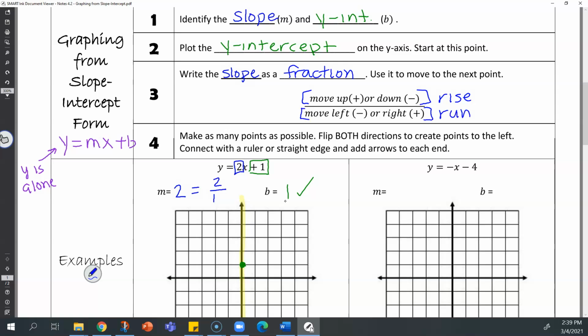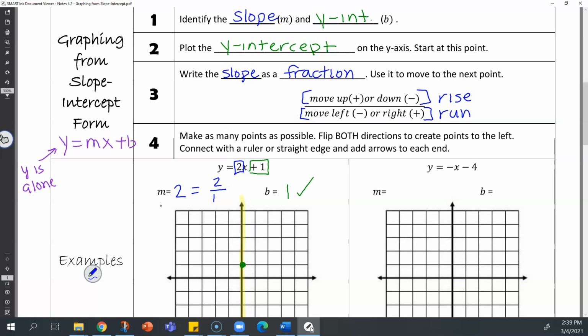Essentially, we're doing the opposite of what we did when we found the slope. So my slope for this first example was 2. I rewrote that as 2 over 1 because I do want it to be a fraction. And then I'm going to take each piece of these and make a roadmap of where I'm going to go between points. So the top number is going to tell me how to move up or down.